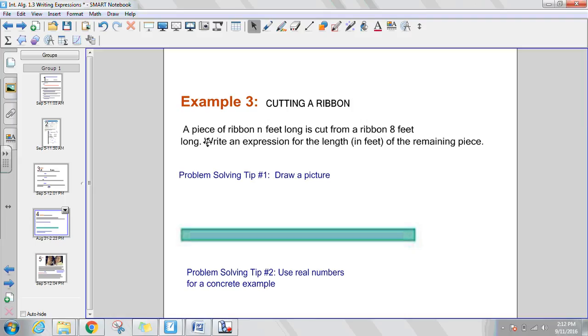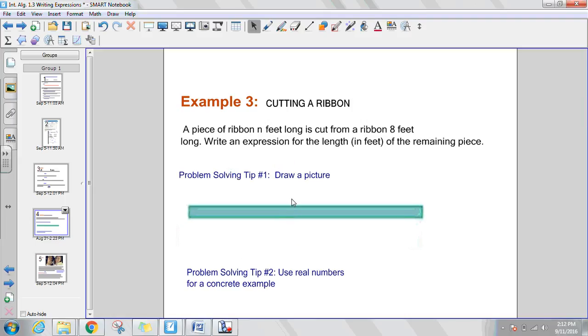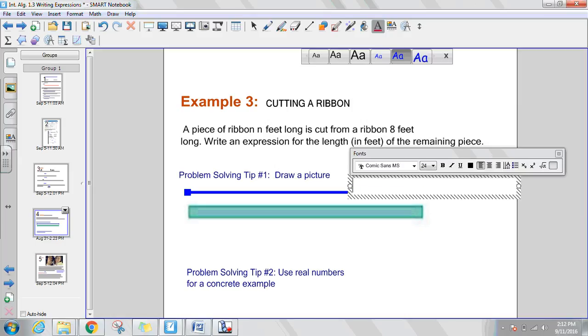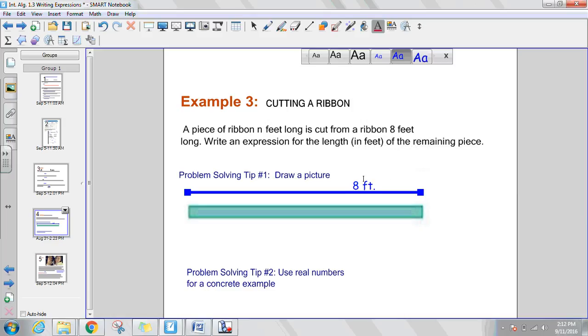Okay, so for our problem tip number 1, draw a picture. Here's my ribbon. It tells us that the ribbon total is 8 feet long. So I'm just going to draw this out so that we know that this whole ribbon across this whole rectangular picture I drew is 8 feet. And I'm going to cut it.